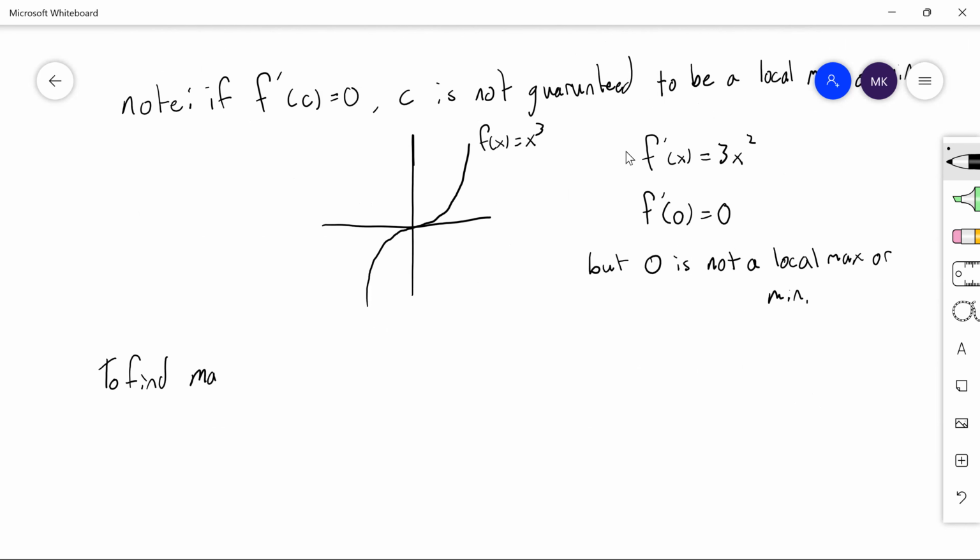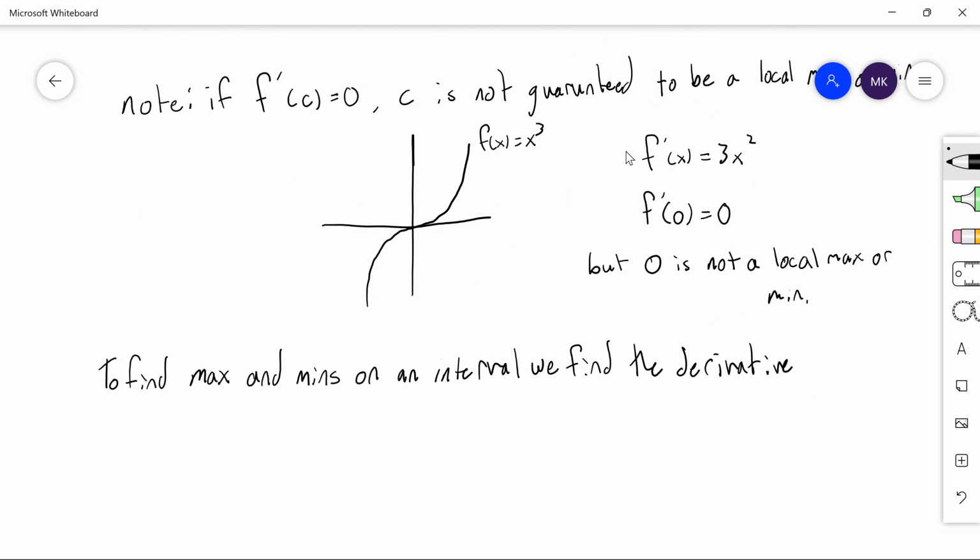To find max and mins on an interval, we find the derivative and look at 3 sets of things.